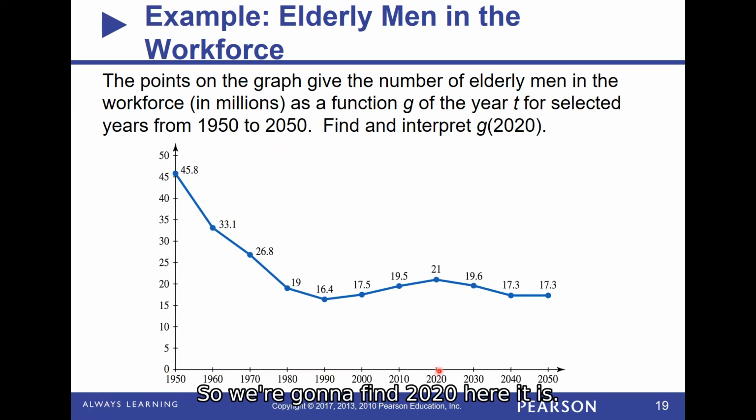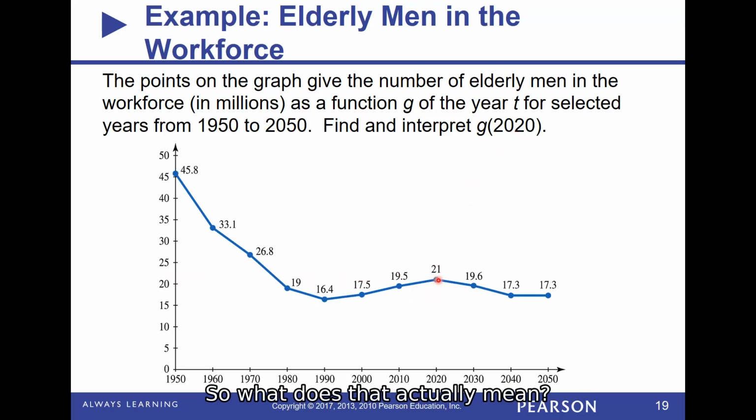So we're going to find 2020, here it is, and we're going to go up until we find our point on the graph. And again, this is where I said sometimes it's going to work out really nicely. Sometimes it kind of looks a little weird, but we can see exactly here at 2020, it happened to be 21. So my input was 2020, my output, again, as we can see there, and they kind of gave us the hint above it, is 21.